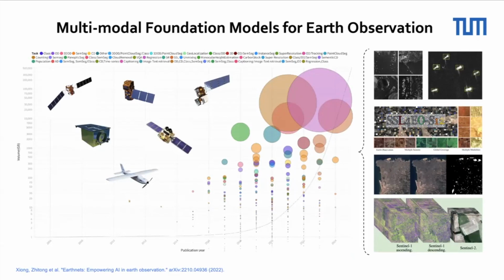You can see that these datasets are different from each other in textures, spatial resolutions, and numbers of spectral bands. This is basically a result of the different imaging principles of these sensors.